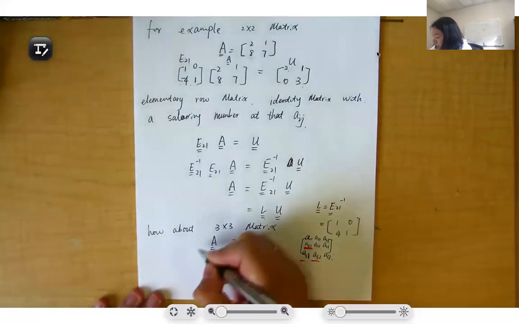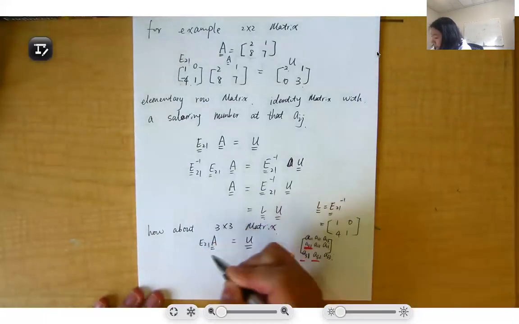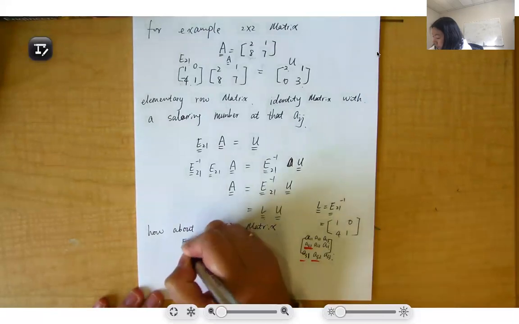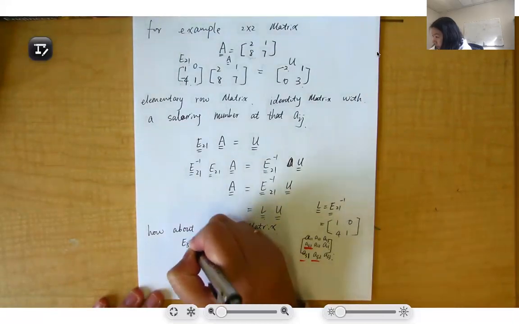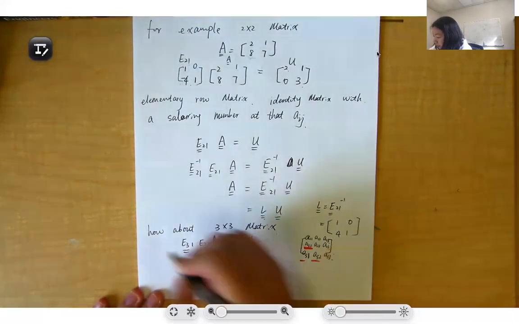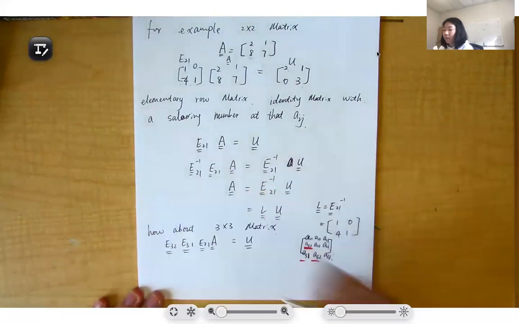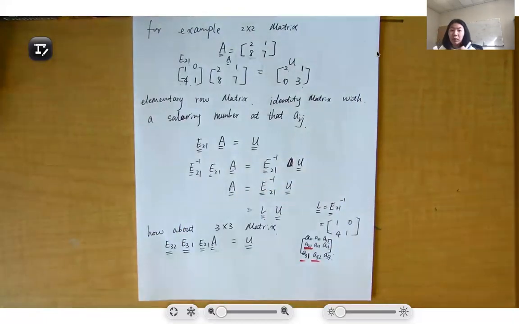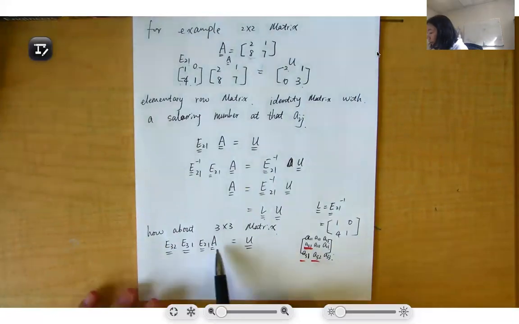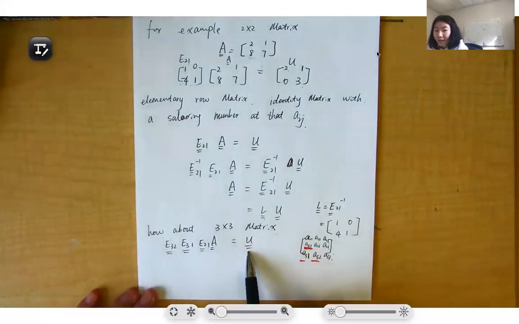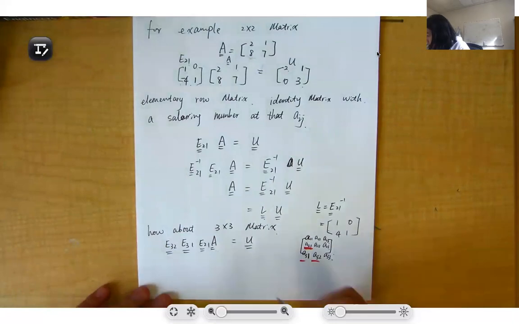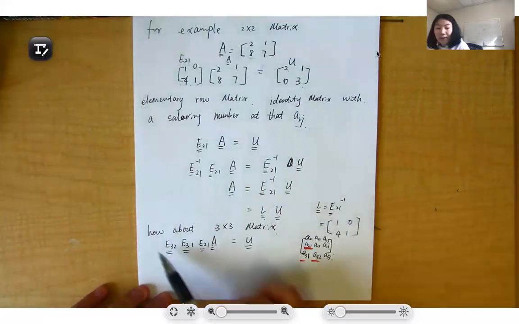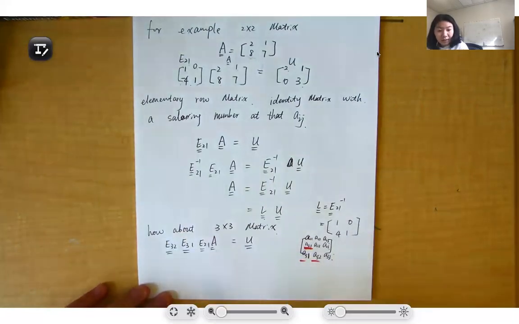That will be E21, E31, and E32. Okay, so you have the 3 elements to convert A into U. Okay, then let's say this is no pivoting. We are not considering pivoting now.